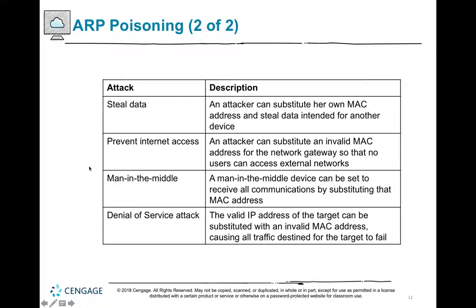There can be a lot of purposes for this. Examples include stealing data and preventing internet access. The man-in-the-middle attack is the most common when you think of ARP poisoning. And you've got denial of service attacks as well.